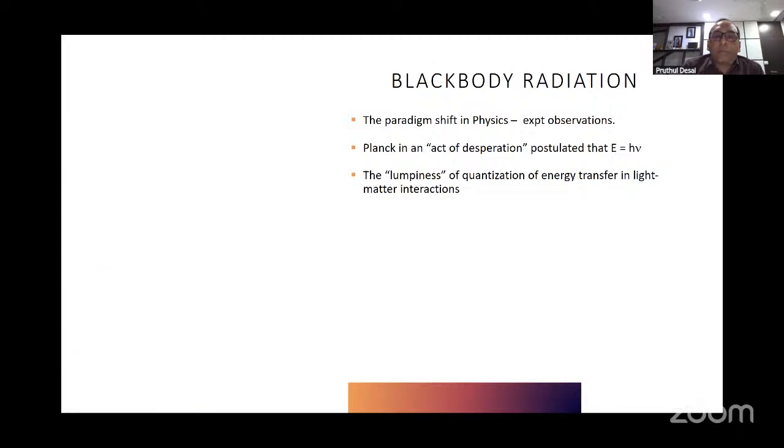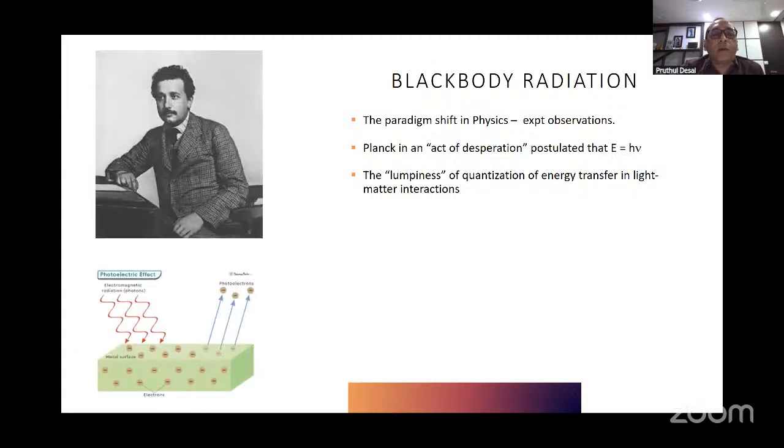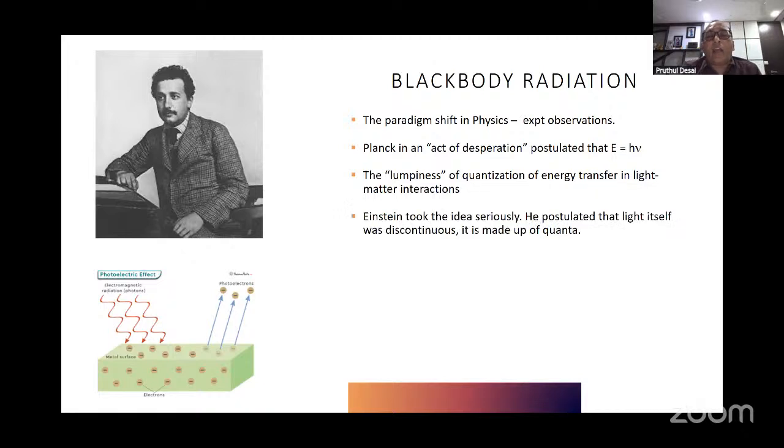Now, this was something which was taken very seriously by Einstein. And Einstein postulated, why only during interaction between radiation and matter? In fact, light itself, by its very nature, is discontinuous and is made up of quanta.